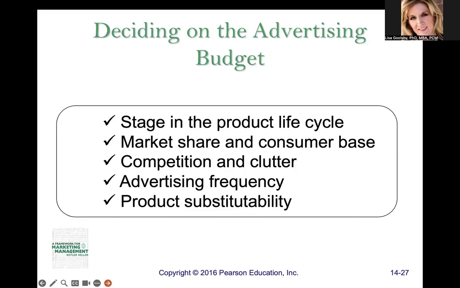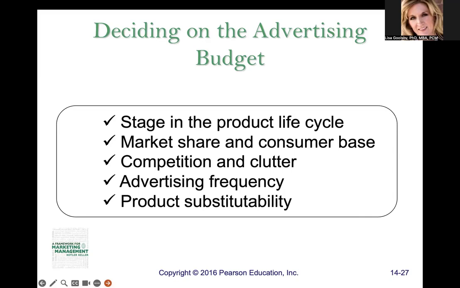So determining that advertising budget, remember our different budget methods, and most of the time you're going to see it be as affordable. But we want to look at the stage in the product life cycle. Obviously, introduction, we're going to have to spend way more money than when we're just in that decline and phasing out of the product. We need to look at and consider our market share and the customer base. How easy or difficult is our customer base to reach with our message?